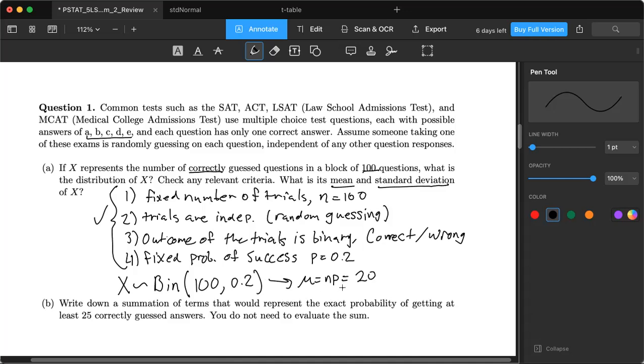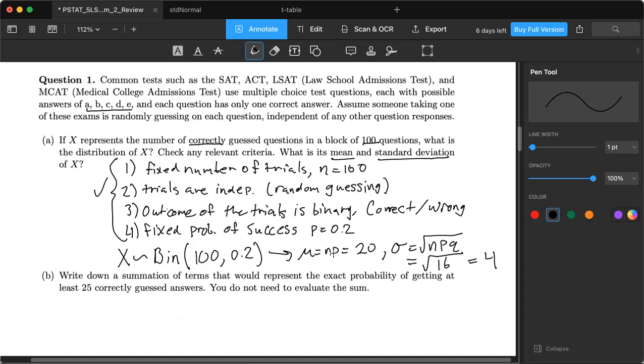And if you don't remember, this is on the formula sheet. Standard deviation is the square root of npq, which is equal to the square root of 100 times 0.2 times 0.8, which is 16. So the square root of 16 is 4. Okay, so X is a binomial distribution.